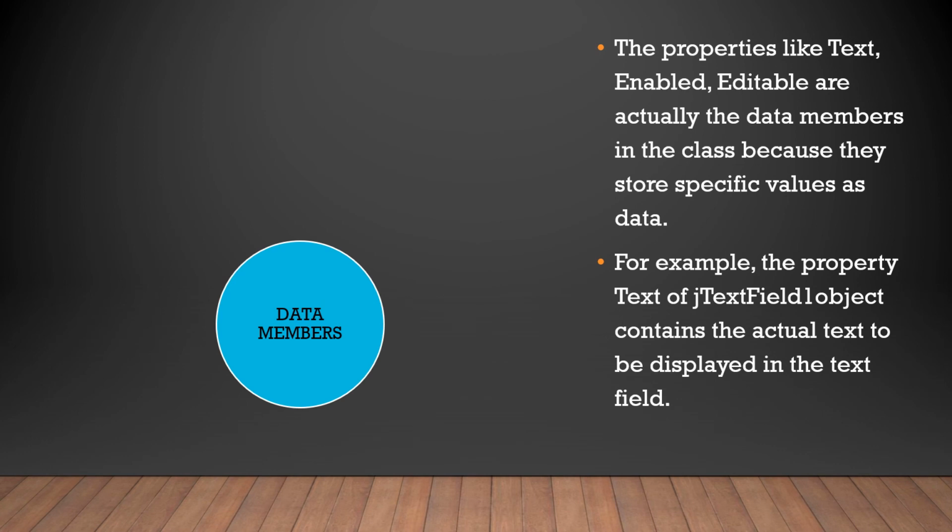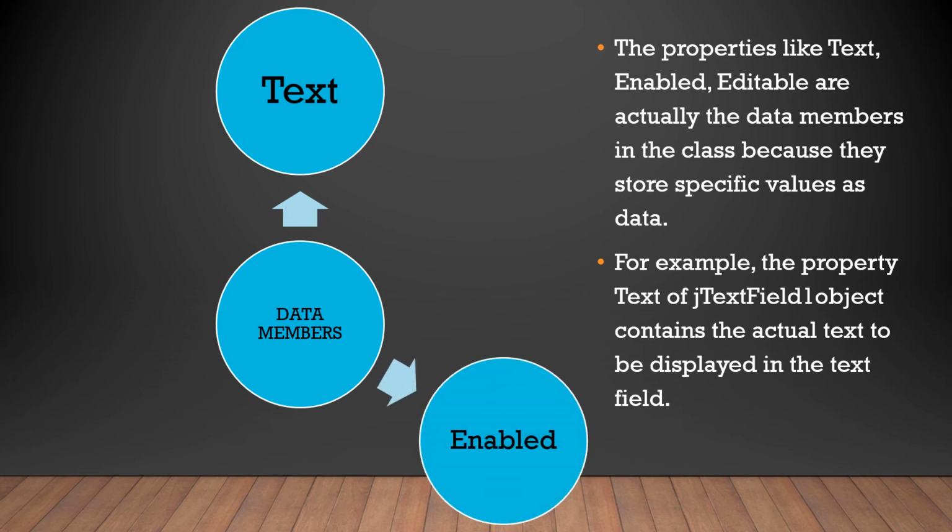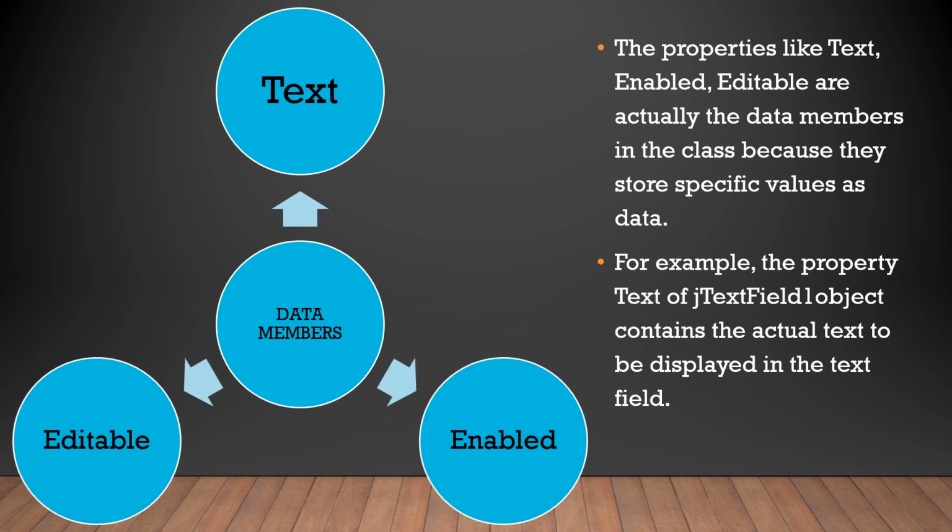Data members. Now, as we talked, the class will contain the data members and methods. Methods we have already discussed. Here the data members are text, enabled, editable. As I told you in the explanation of data members and methods, methods are used to perform specific tasks on data.